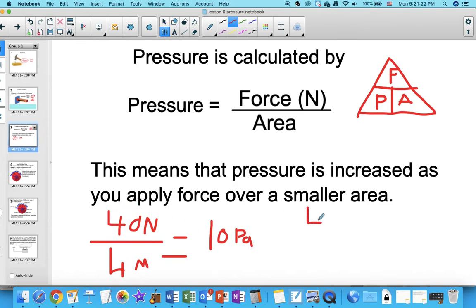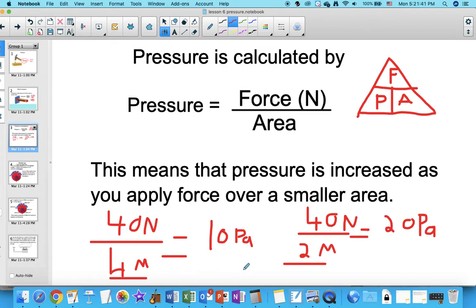But if we reduce the area but keep the force the same, so 40 newtons again, divided by 2 meters, that makes it 20 pascals. So you can see, as you decrease the area but maintain the force, you can increase the pressure. So the pressure is directly affected by how much area you're applying your force onto, as well as how much force you're applying. Because naturally, if you increase the force, you increase the pressure.